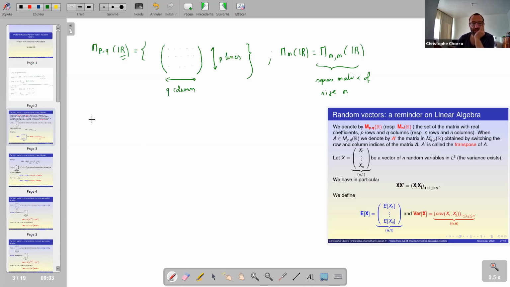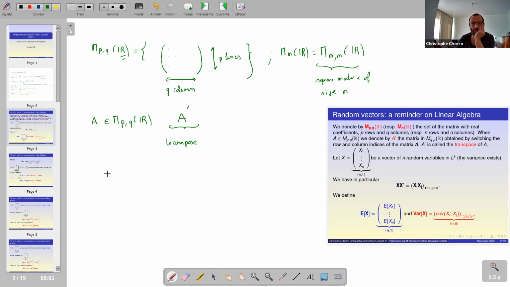If I have a matrix A of size P by Q, we can define the transpose, the notation I will use is A prime, that is just obtained from A by switching the lines and the columns.